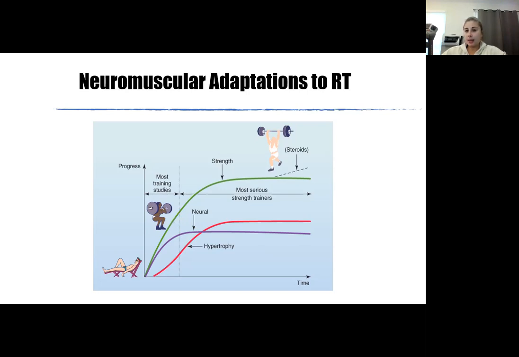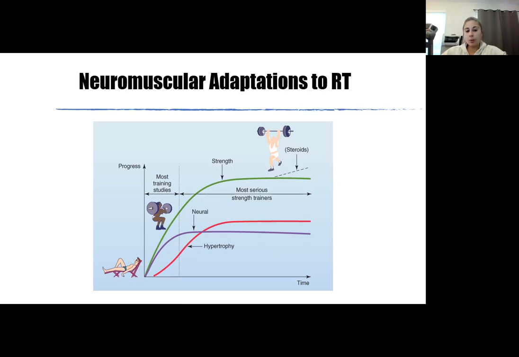So let's see what you remember. What is driving this increase in strength early on? Is it those neural adaptations or hypertrophy? What's driving the improvements in strength early on? Awesome, thank you, David. Yeah, it's the neural adaptation. So that's that purple line we see here, and that's a pretty steep line, similar to the strength improvements.